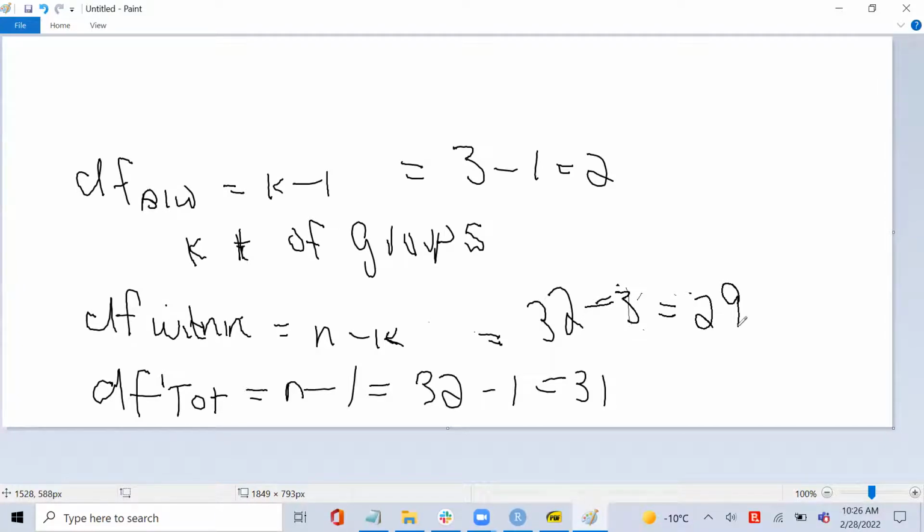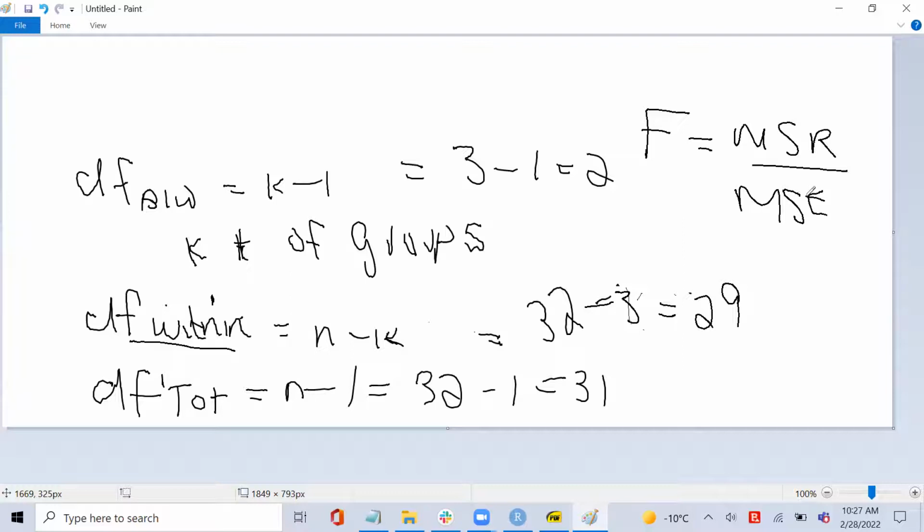Right, so it goes like this. It's k minus 1 for the degrees of freedom between the groups, and n minus k for the degrees of freedom within the groups. So this is the variability you want to remain low, right? The reason being is because F is actually equal to the MS between, I think they call it MSR, divided by MSE, right?